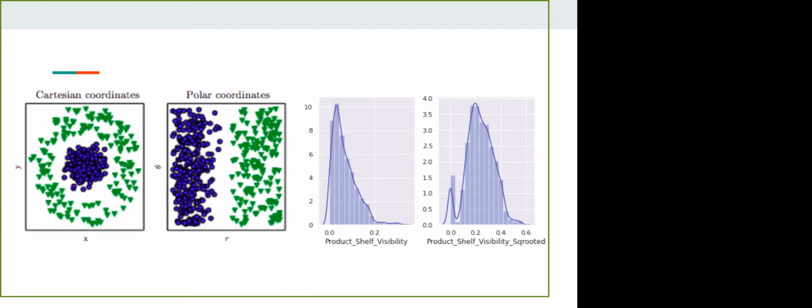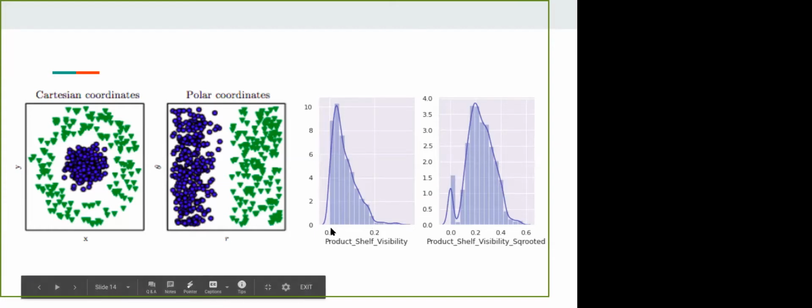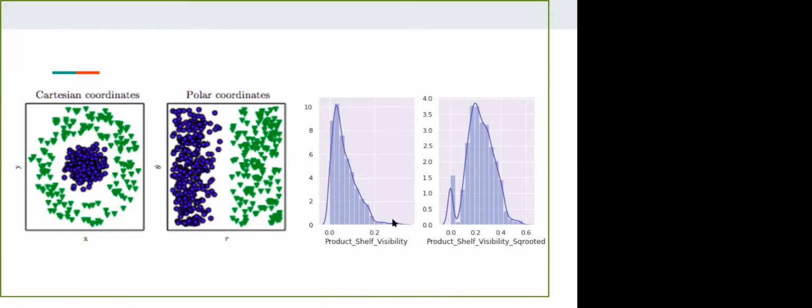So why do we apply feature transformation in the first place for continuous data? This is product shelf visibility, which is continuous data. As we can see here, this data is skewed. What I mean by that is its tail is on the right side. That means it's skewed to the right.